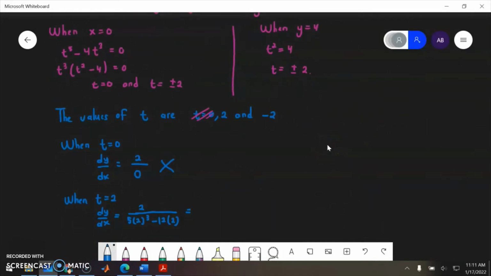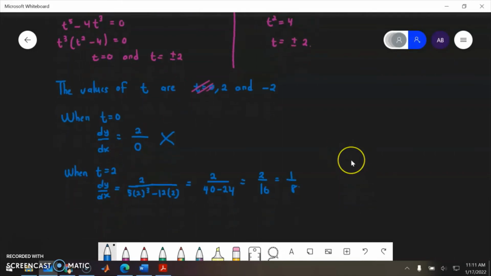So what do you get? 2 to the power 3 is 8, 8 times 5 is 40, minus 24. So which is 2 over 16, which is 1 over 8.